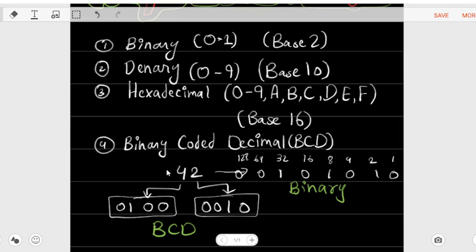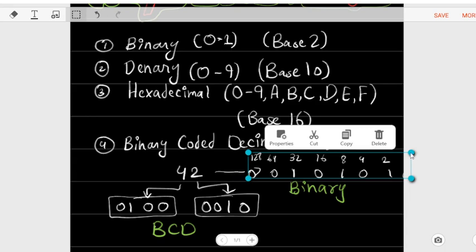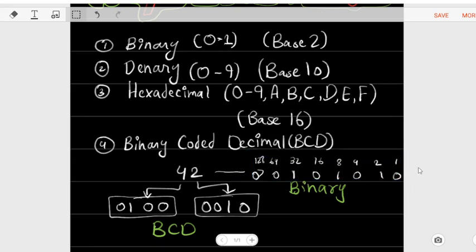On the other hand, if you convert 42 into a proper binary number, then the entire number 42 would be represented as a single representation in binary, which I've shown you over here. So these are the 4 representations that we learned in AS level.